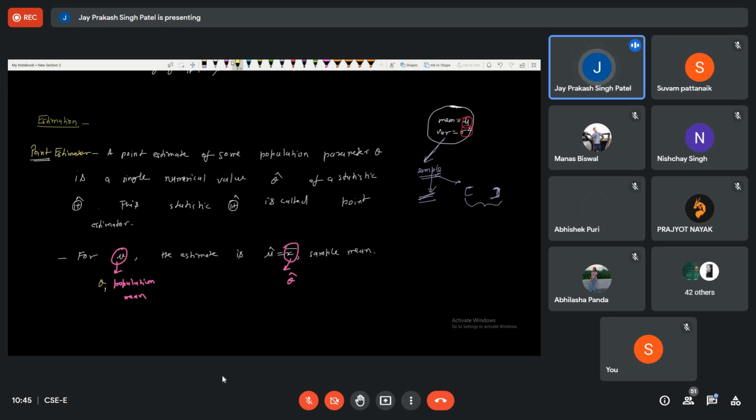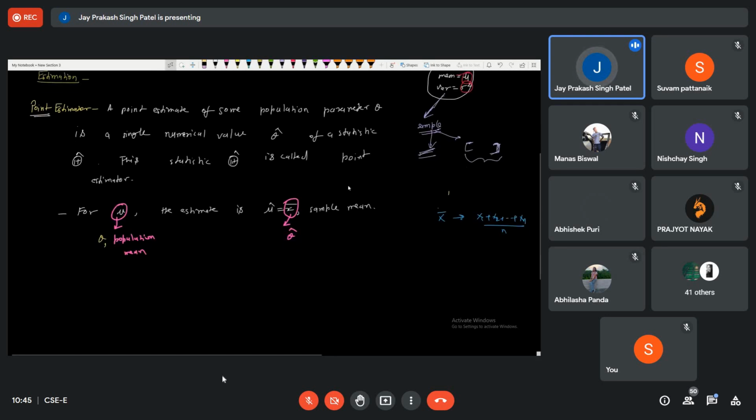And here, what is the difference between estimator and estimate? Point estimator and point estimate. Let us try to understand. Suppose this is population, right? So we define a function x bar, which is same as x1 plus x2 plus xn divided by n. So here you see this is a function of sample observations, right?